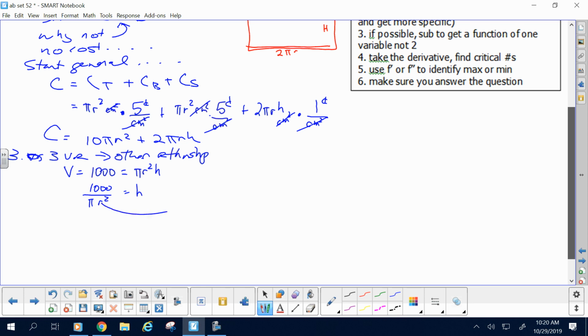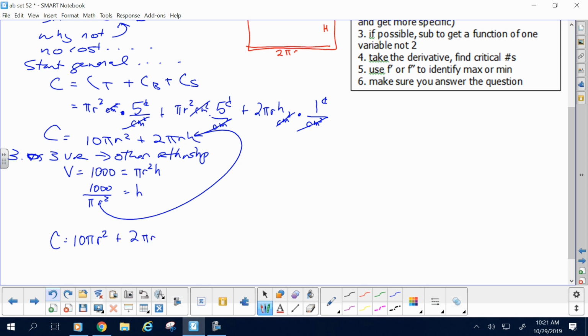Okay, so if we take that and put it into the cost equation, you get 10 pi r squared plus 2 pi r times 1,000 over pi r squared. Let's clean that up, make our life as easy as possible. What's a clean way to write this?